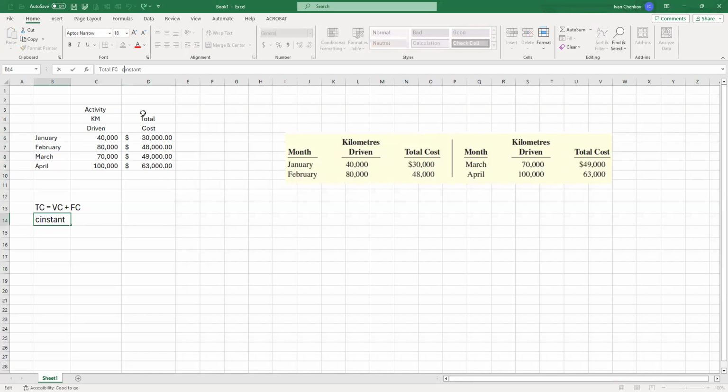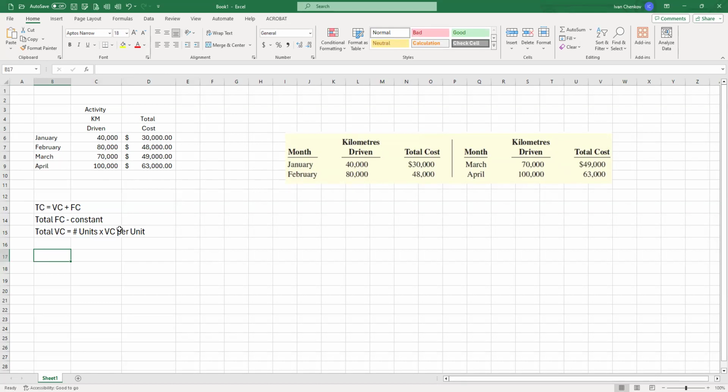But total variable cost is equal to the number of units that we're purchasing or using, times the cost per unit, or that will be variable cost per unit, correct? That's how we calculate this.